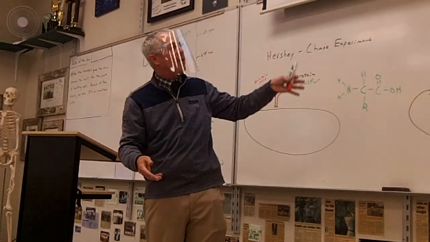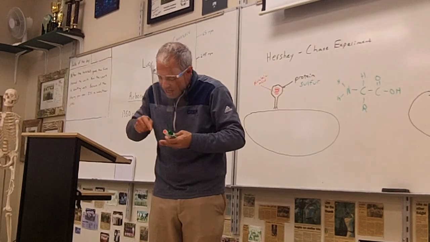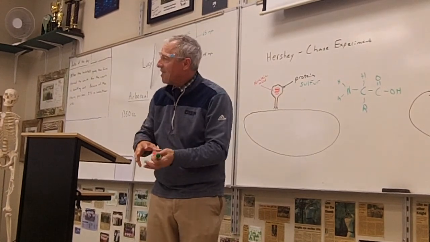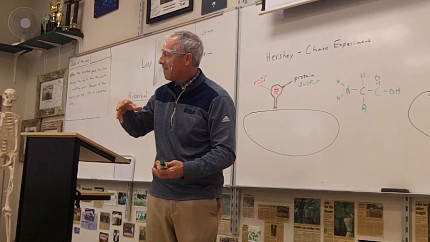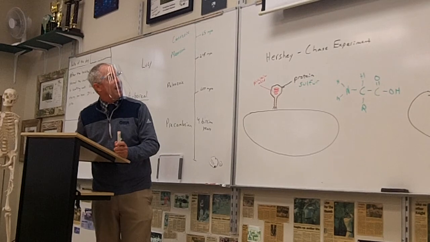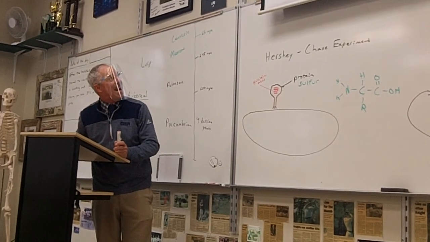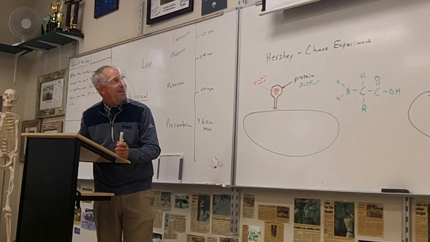They didn't have electron microscopes at the time. So you can't see what's being injected into the cell. You have to figure it out through experiment. And they knew, now after doing this experiment, that DNA gets injected into cells and protein stays outside of the cells.